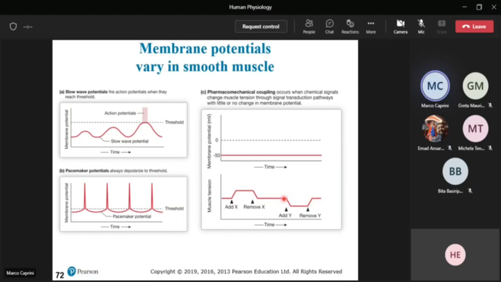This is a pharmacomechanical use of a chemical signal, this one, and when this chemical substance is added to the smooth muscle cell, the smooth muscle cell decreases the tension.